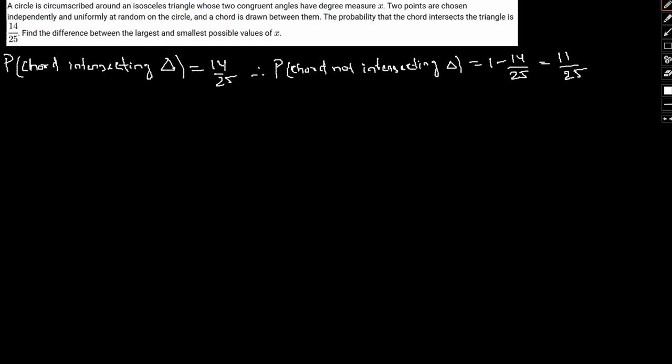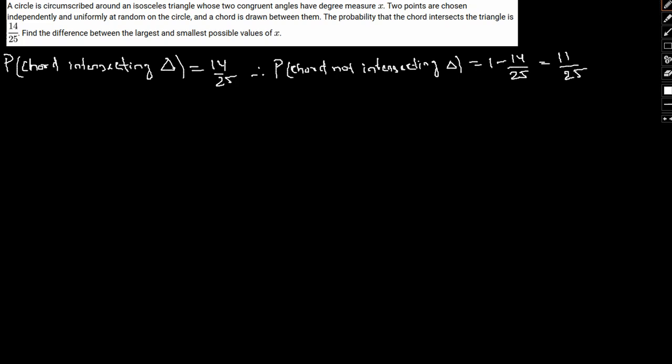Okay. The only way this condition can happen is if the 2 points are chosen on the same arc. If they are chosen on the same arc, then the chord will not intersect the triangle. And the same arc means between two triangle vertices.